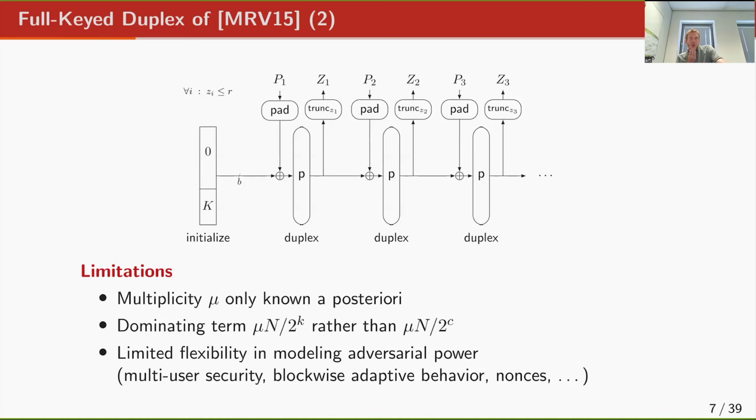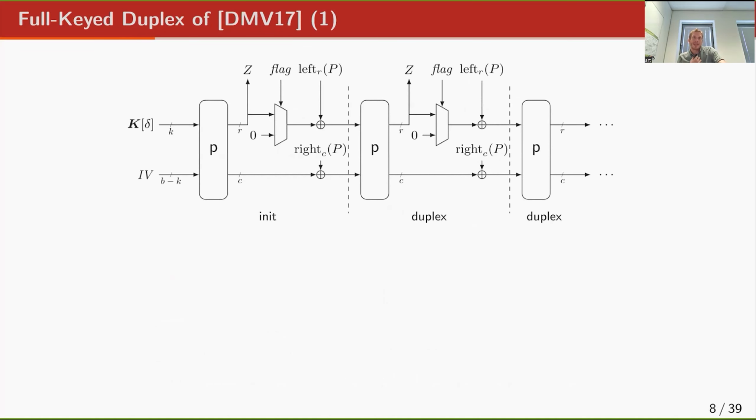So we did our work in 2017, we generalized this full key duplex, and this became the following construction. And it is a bit of a scary construction if you look at it the first time. Actually, every time I look at it, it is a bit of a scary construction. But I will still go over it because this is leading towards the main duplex the way we know it today.